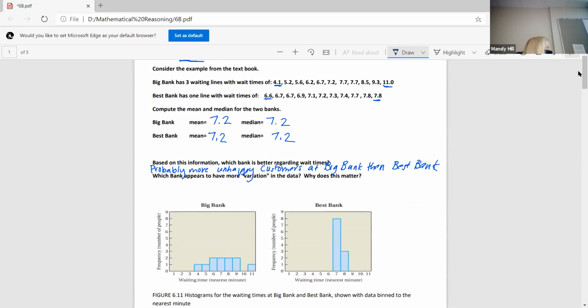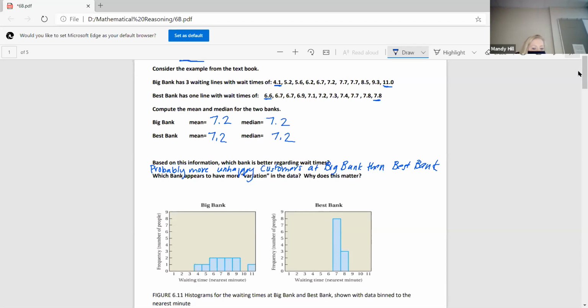You can see that their variation is very spread apart. That does not make people happy. They do not feel like they're getting treated equally. This 11-minute person, I guarantee you, does not feel as happy as this 4-minute person, right? Because they're not seeing that this is about the same.